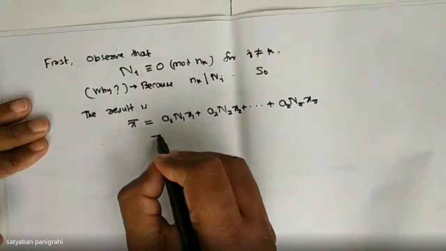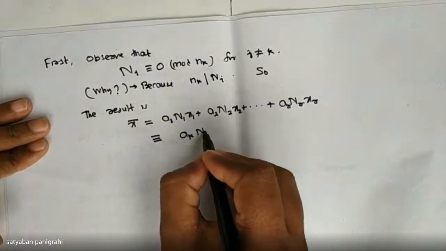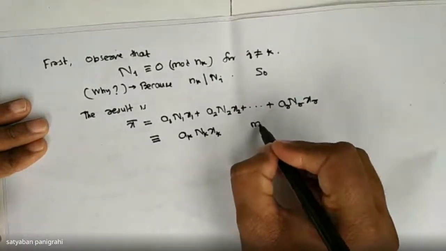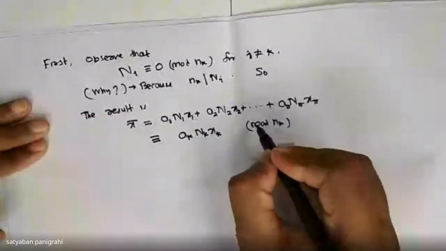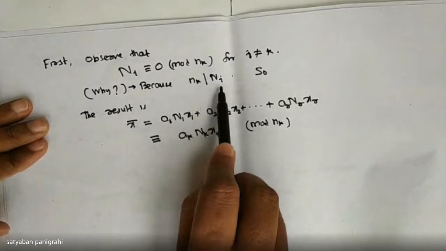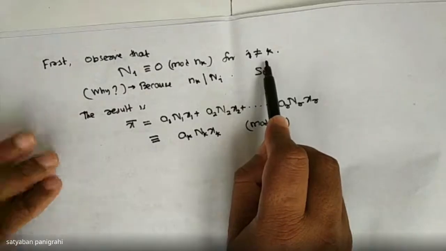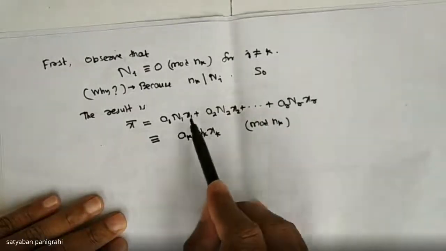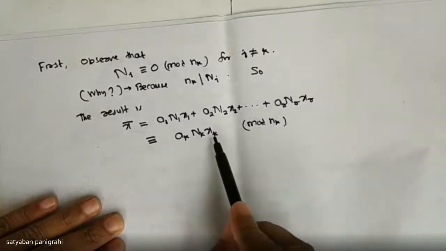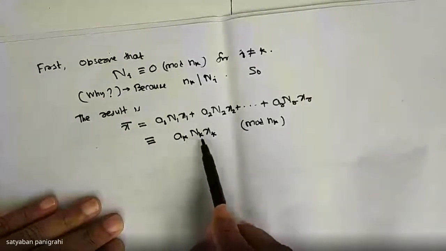This must be congruent to ak·nk·xk mod Nk. Why this? Because Nk divides ni for i not equal to k, so every term here will be 0, only the nk term will remain.